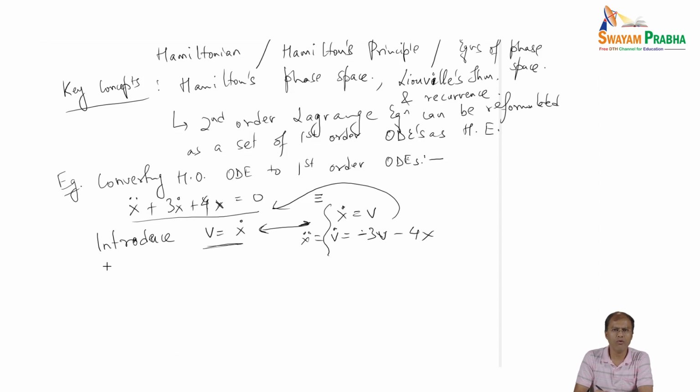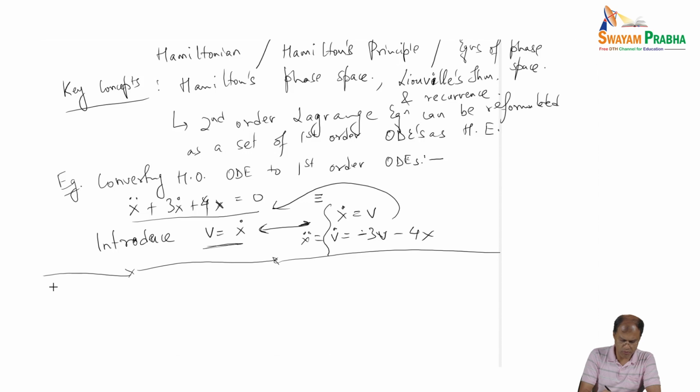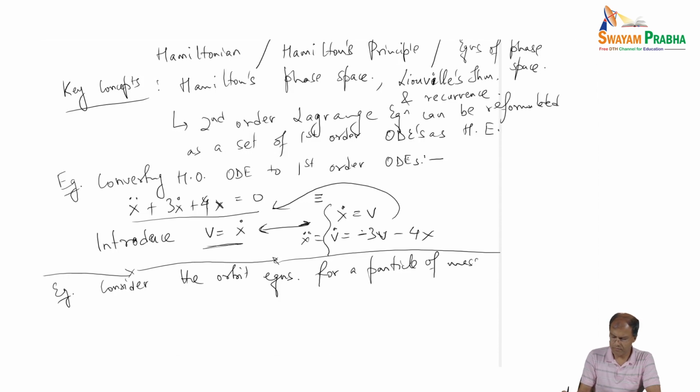So let us also look at an example arising out of pure physics, that is the case of gravitational attraction. Suppose we consider the orbit equations for a particle of mass m.